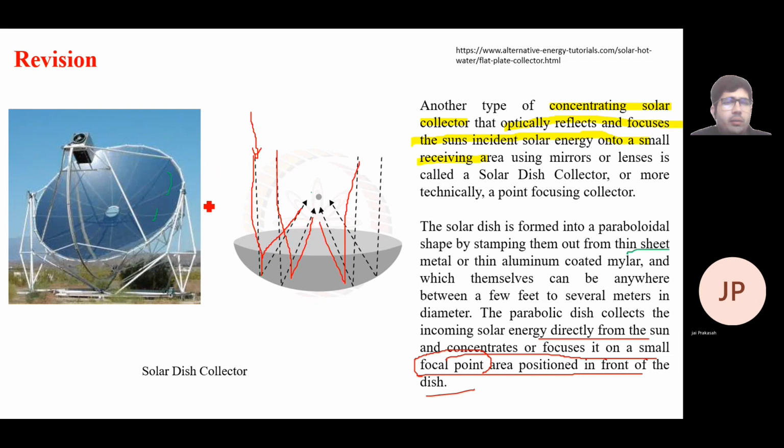So anywhere they are striking the surface, they're reflecting to this particular point only. And this point will get more solar radiation. The temperature we are getting is higher as compared to the plate solar collector. So this is the solar disk collector.